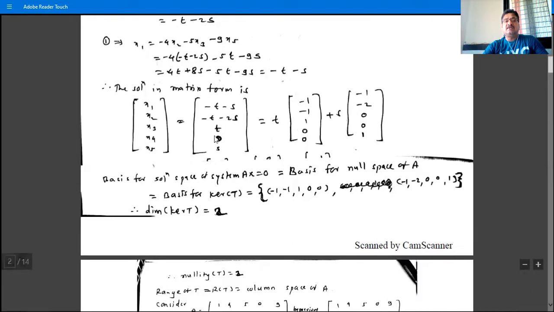And then we can write this as the addition of these two column matrices: t times minus 1, 1, 1, 0, 0, and then the coefficient of s is minus 1, minus 2, 0, 0, 1.